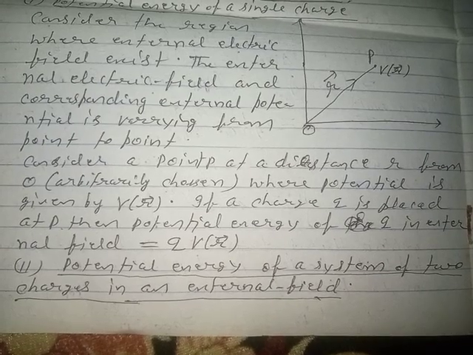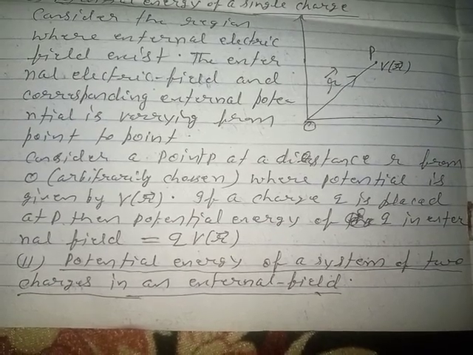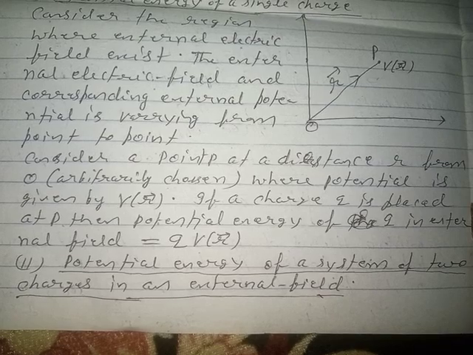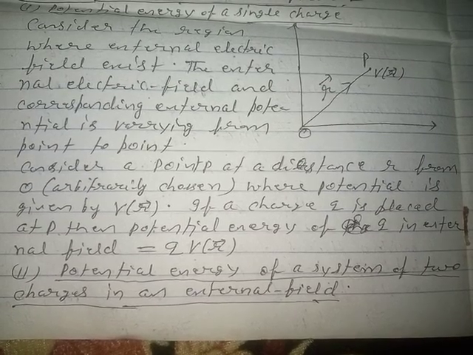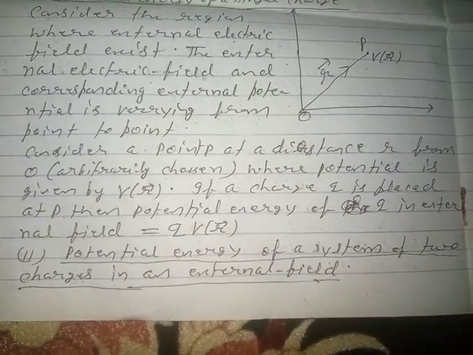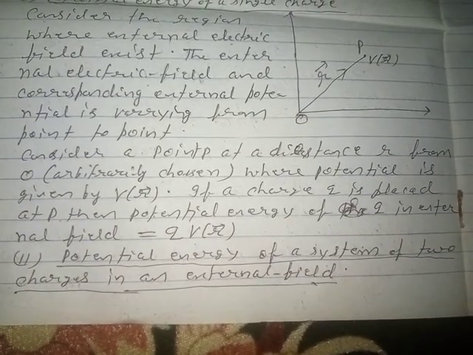Consider a point P at a distance r from O, arbitrarily chosen, where the potential is given by V(r) vector. If a charge Q is placed at P, then the potential energy of Q in the external field will equal Q into V(r).